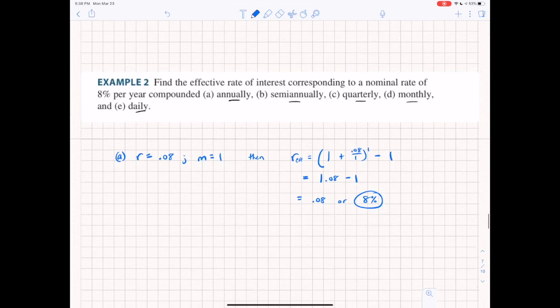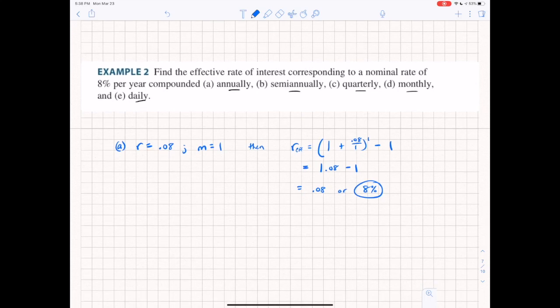What we're going to really see a difference in is when I increase the number of times I compound. For example, in B, if I'm going to compound semi-annually, my R again is 8%, but my M this time will be 2. So my effective rate is going to be calculated by 1 plus 0.08 divided by 2, squared, minus 1. And I'm going to use a calculator for this to solve for the effective rate.